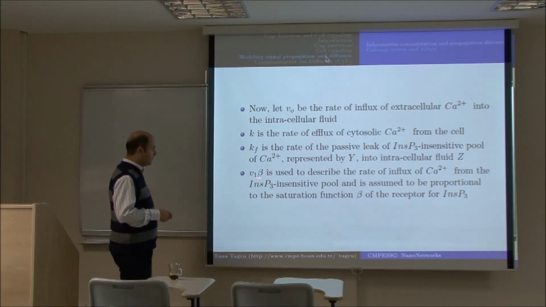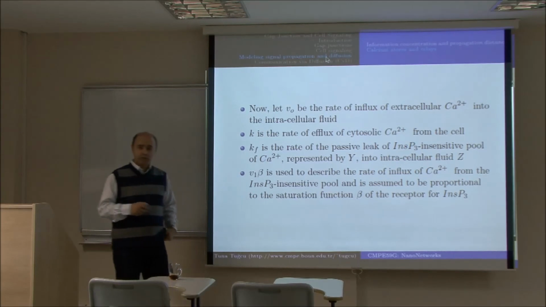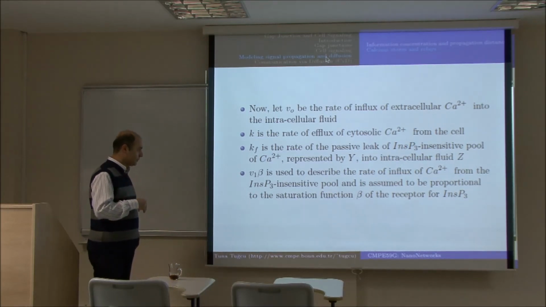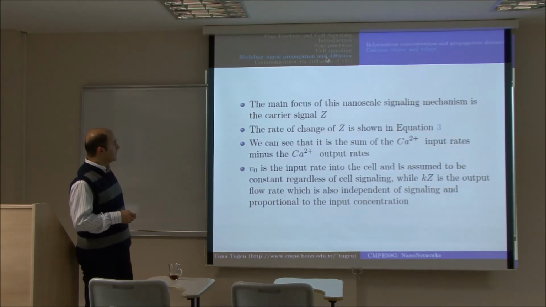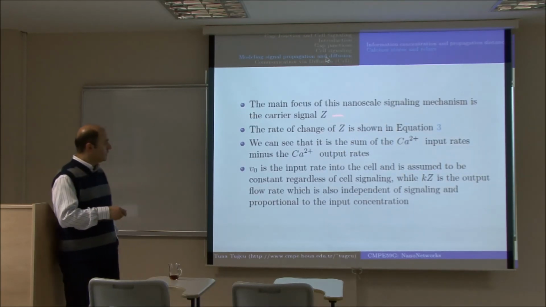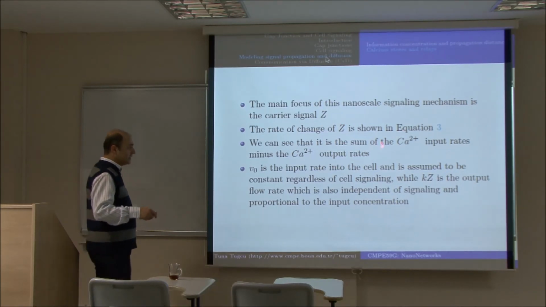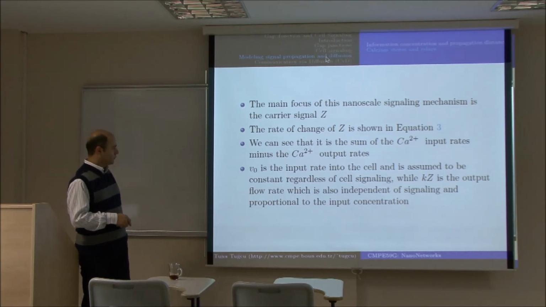And as we said, V1 times beta is used to describe the influx of calcium ions into the cytosol. And we're going to show the rate of Z in the following slide. We can see that it is the sum of the input rates minus the output rates.